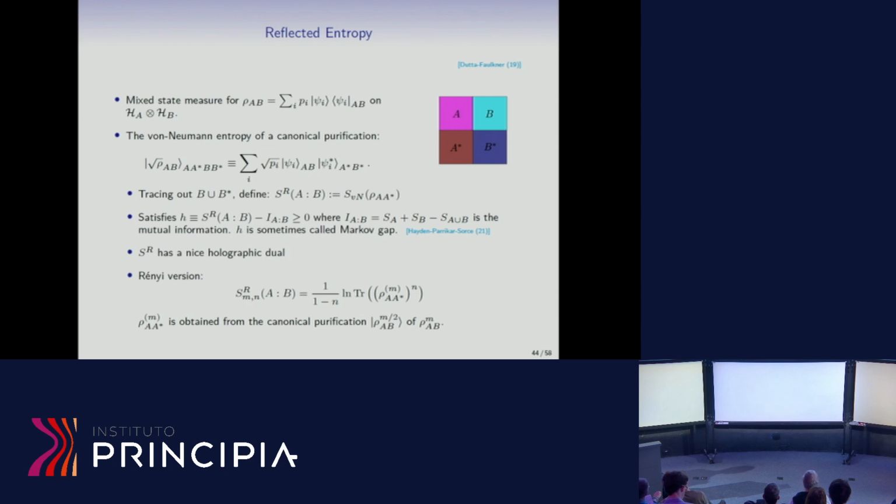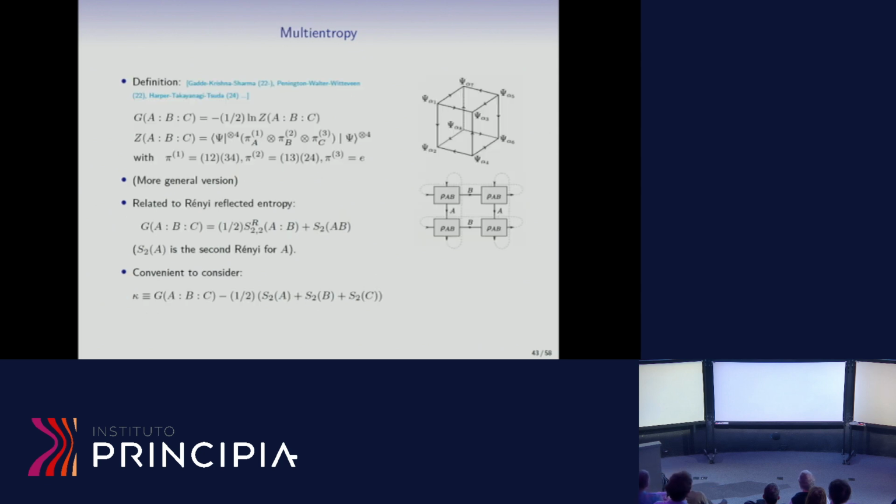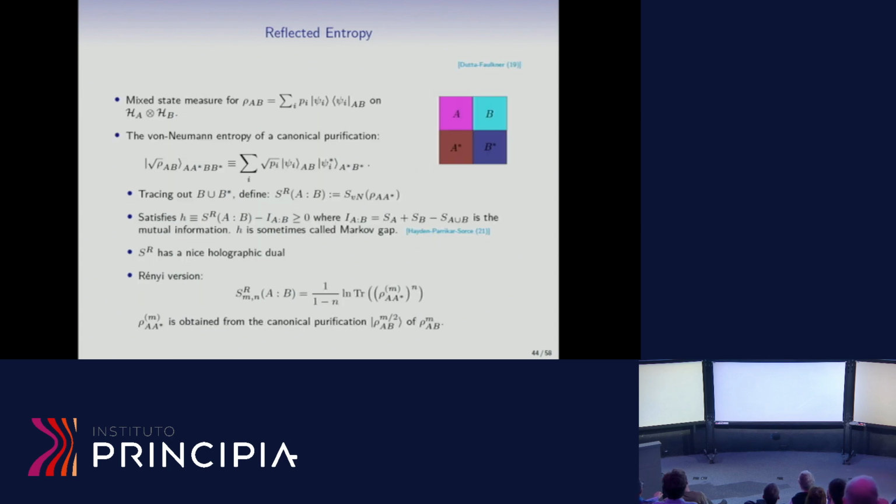In the next slide, I will say something about the usefulness of these quantities. But let me move on to a few other formal things. Like this quantity kappa I introduced, I'm going to consider this quantity H, which is the reflected entropy minus mutual information.